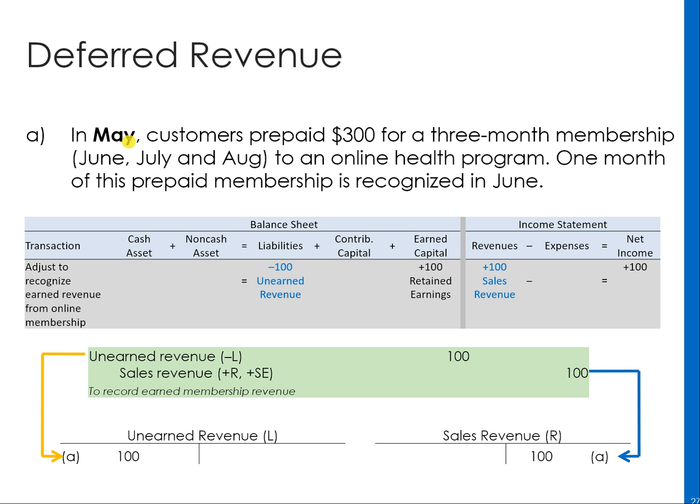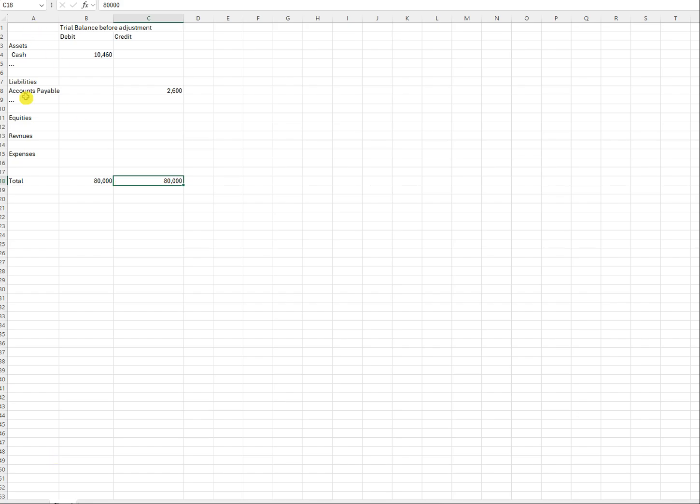In the month of May, we debit cash $300, increasing cash, and credit a liability, $300. This is the journal entry we record in May.